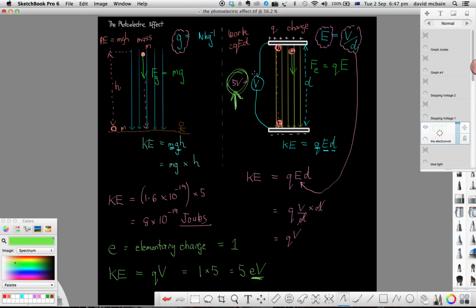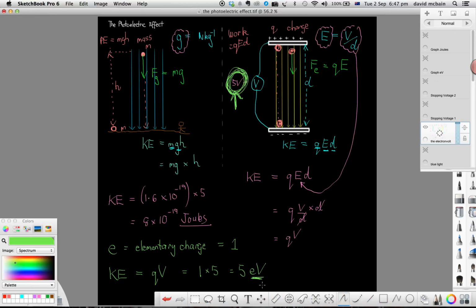So not only is this a really convenient way of measuring the energy of a charged particle, but it also allows us to very easily calculate and measure that energy by simply reading off the voltage we need to use to stop the charge from getting across. And that is the electron volt, okay?